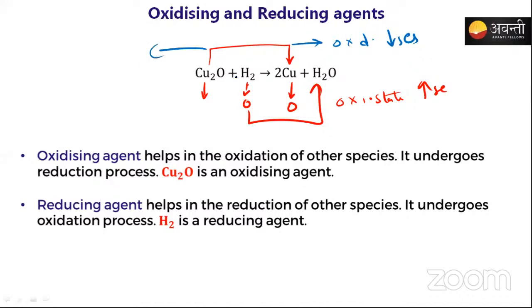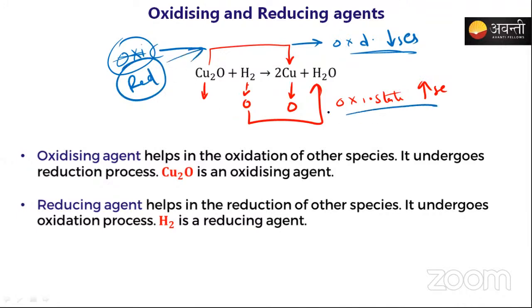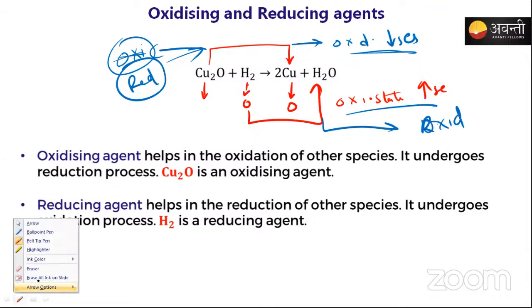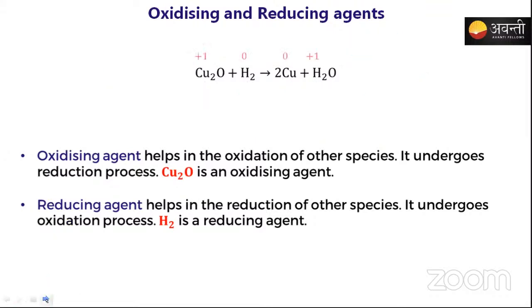So you can clearly say that there is a decrease in oxidation number, so that's why you call it reduction. If there is a decrease in oxidation number, you call it a reduction. If the oxidation state increases, then you call it oxidation. So you can clearly observe, +1 state से 0 हो रहा है, that is reduction. 0 से +1 हो रहा है, that is oxidation.